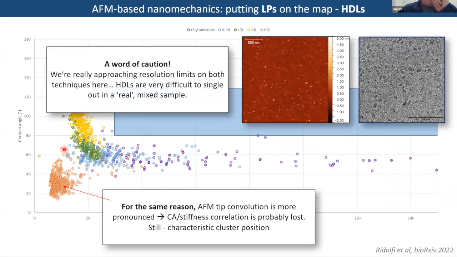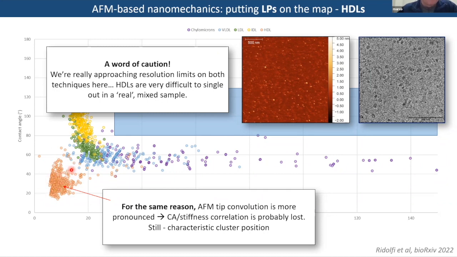So there are several caveats here. First of all, HDLs are so small that AFM tip convolution will definitely have an impact, okay, as I told you before. So it's not a given that since they have a lower contact angle, they are softer.